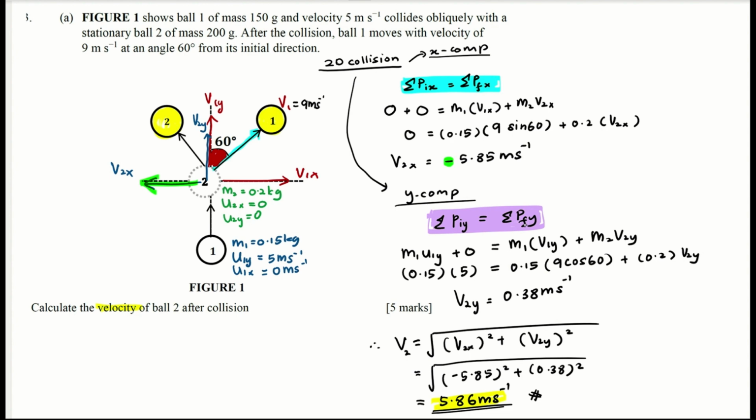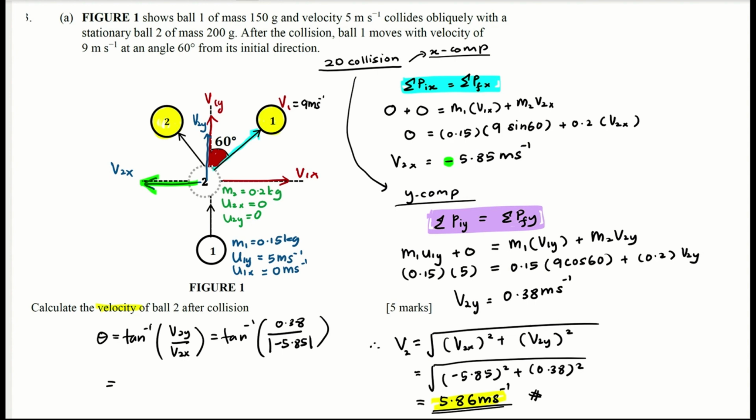Jadi bila soalan minta velocity, awak sekalikan lah dengan dia punya angle, which is inverse tangent V2y over V2x. Okay, so inverse tangent 0.38 over, you take the modulus, right? Negative 5.85. Okay, sorry.